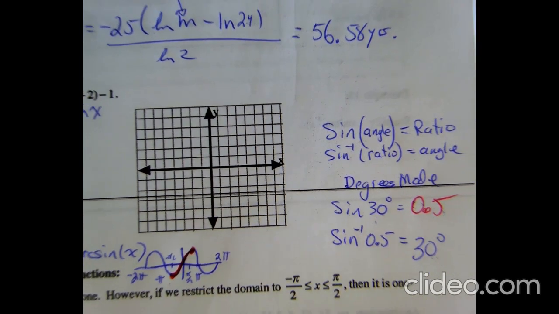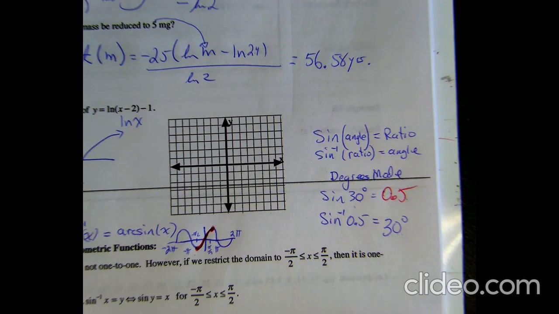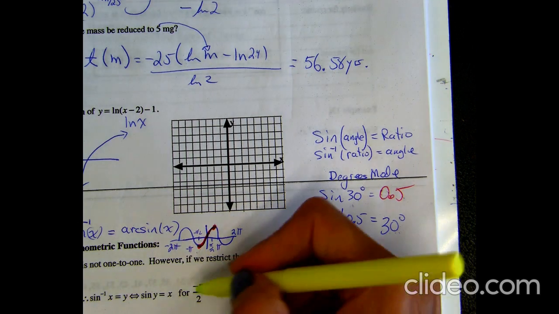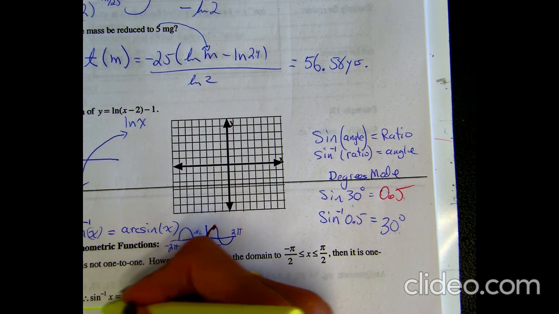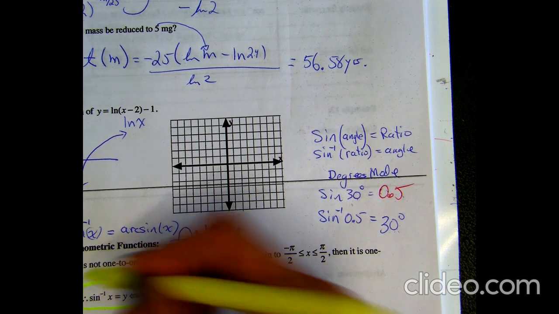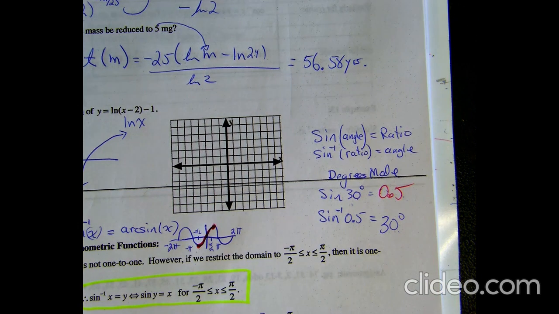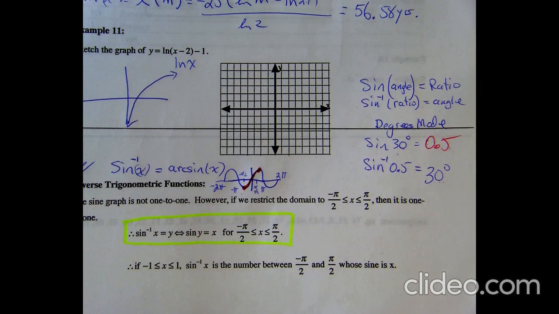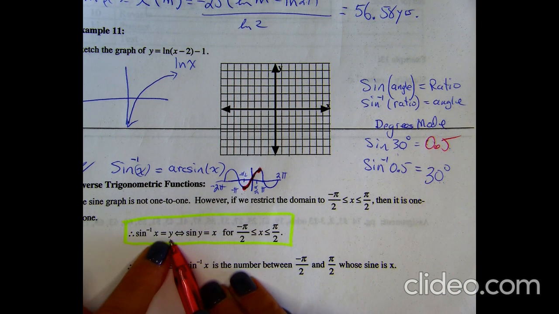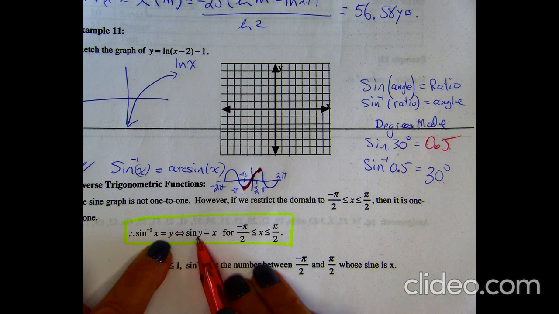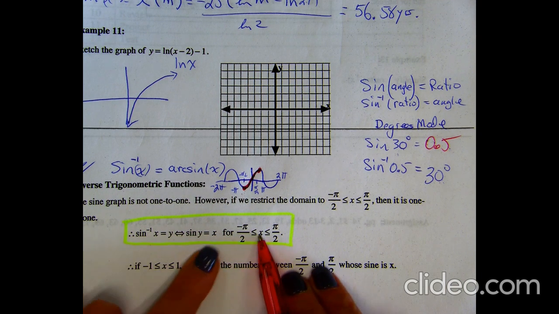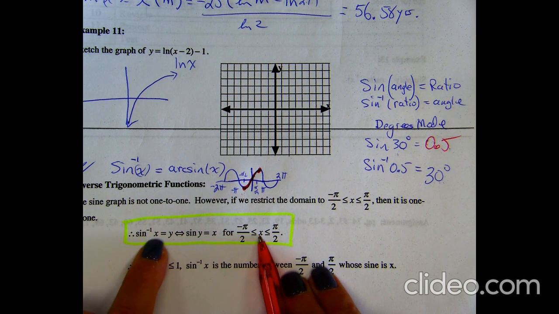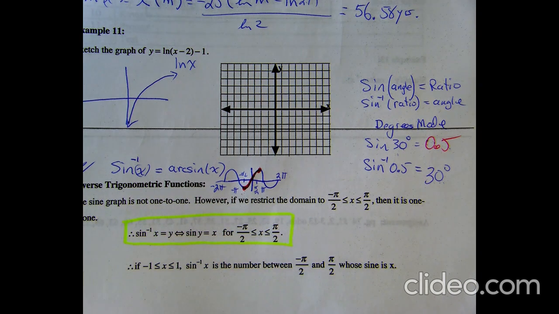So domain restrictions on sine inverse, you need to know what they are. Negative pi by 2 to positive pi by 2. And of course, the range, so in order for us to say sine inverse x equals y, it means the sine of y is equal to x, and we restricted the y between negative pi by 2 and positive pi by 2.